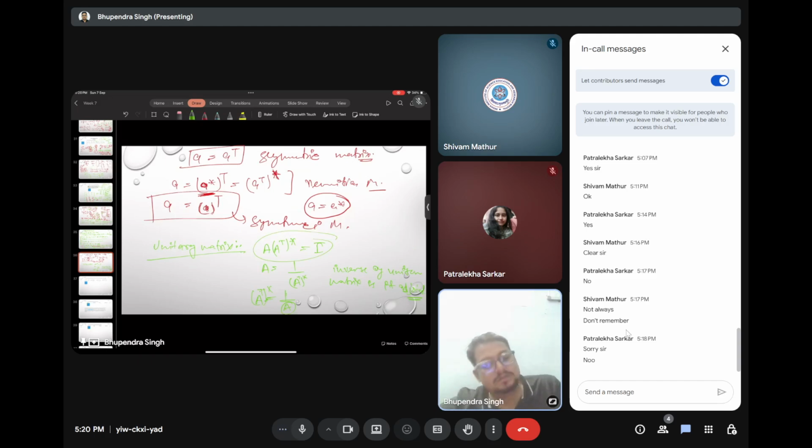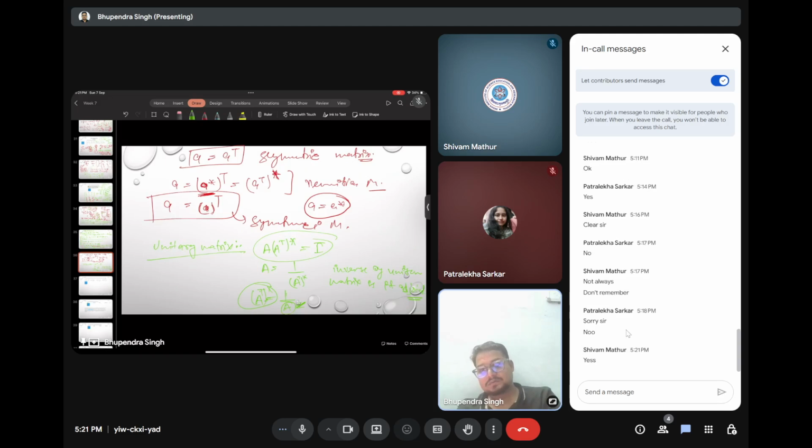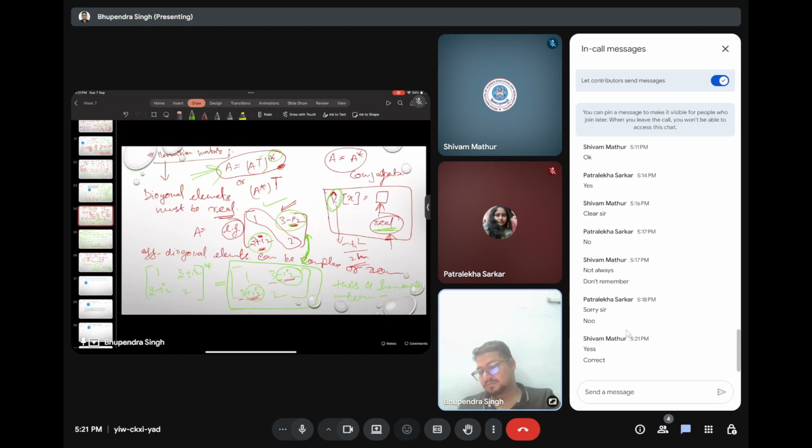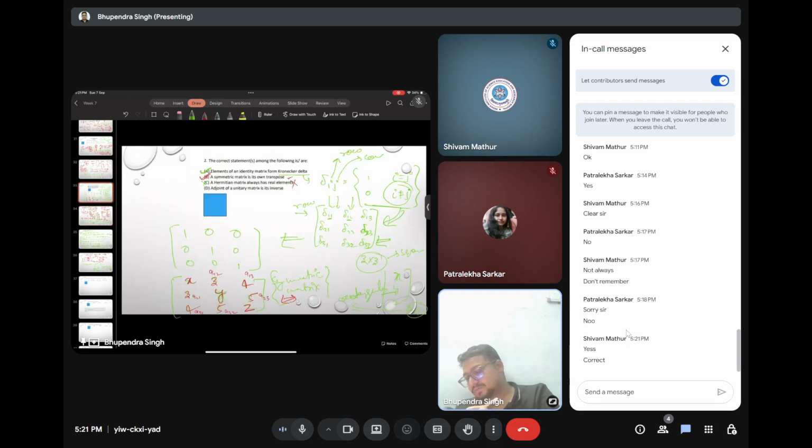So of course, for a unitary matrix, the inverse of unitary matrix A is its adjoint. This is your adjoint. This should be your answer.